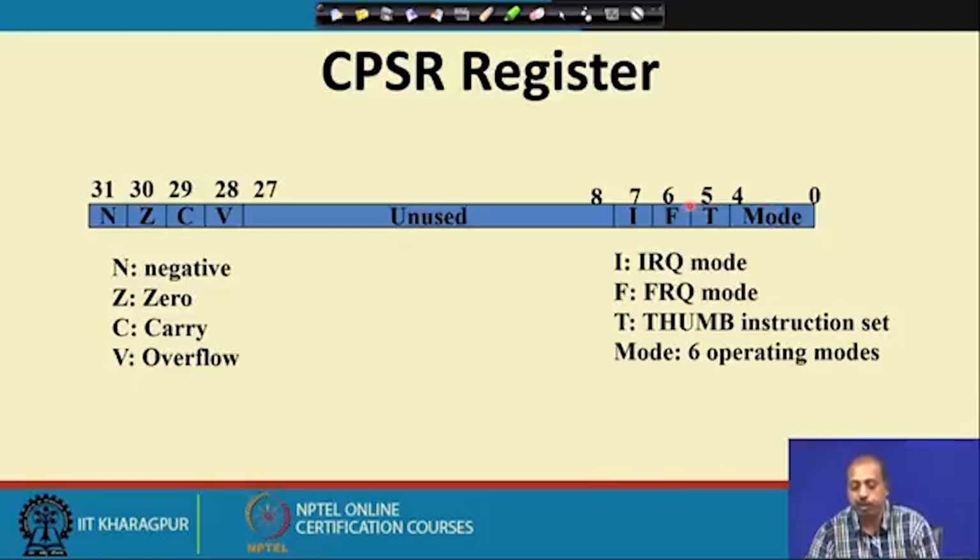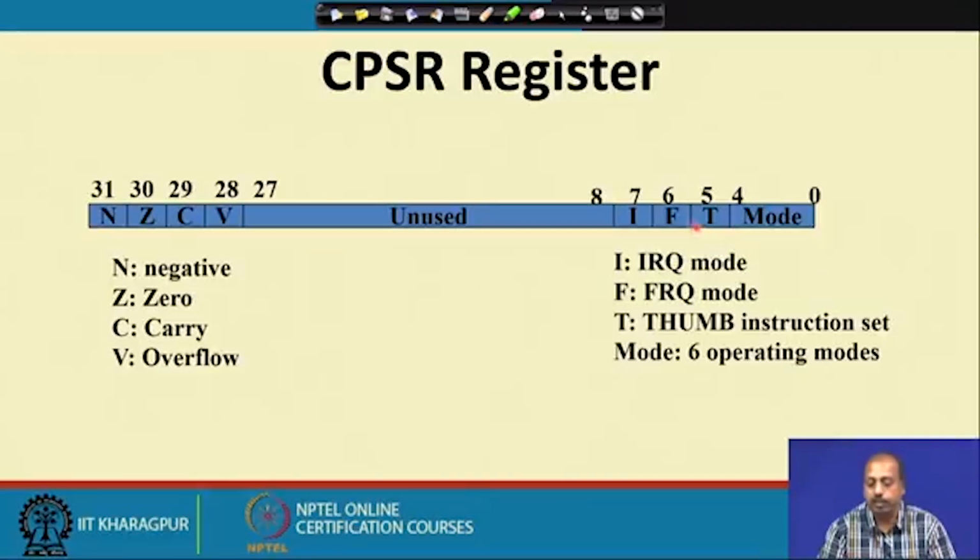Then bit number 5 stands for T, the Thumb instruction set. Whenever this ARM processor is using the Thumb instruction set, this T bit will be equal to 1, and when it is using the ARM instruction set, this T bit is equal to 0. There are some specific instructions by which you can switch between the instruction sets, and by looking into this T bit you can understand whether it is using the Thumb or ARM instruction set.